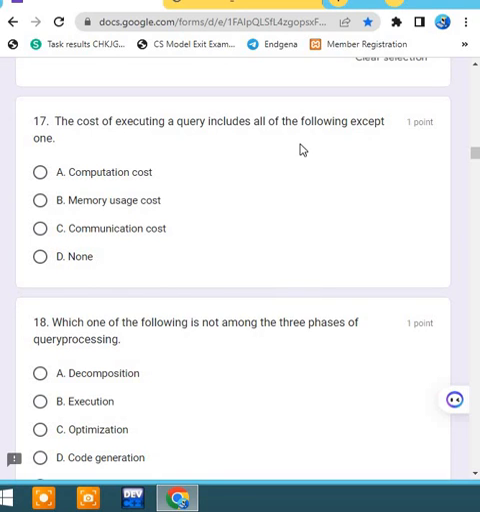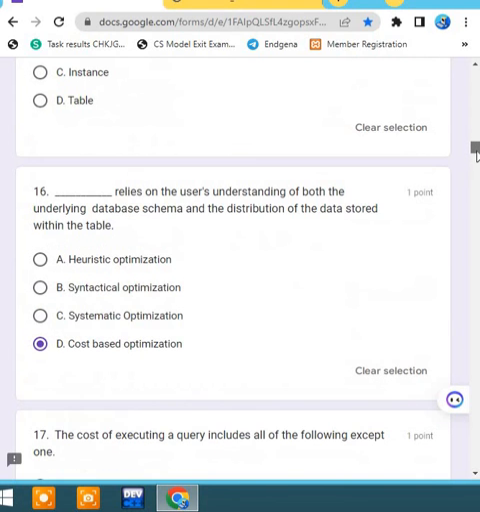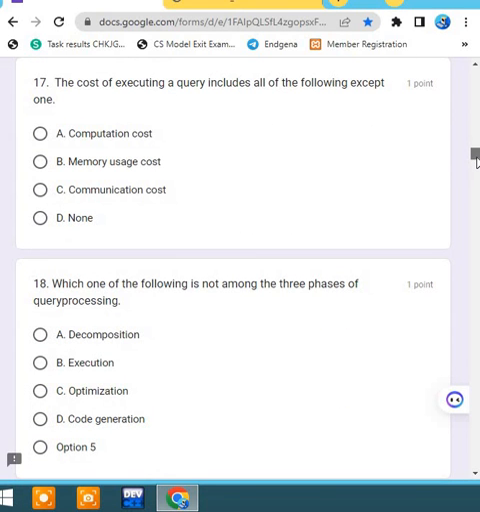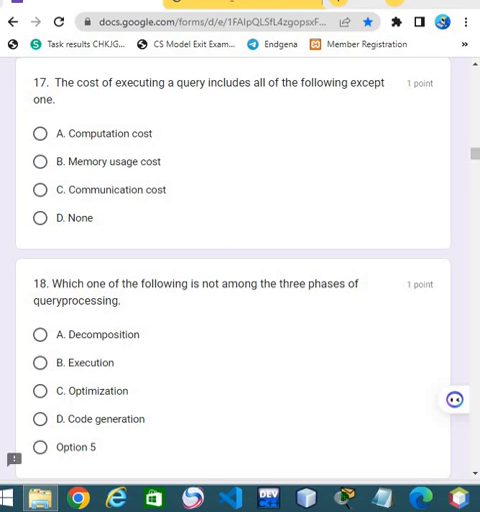Question 18: The cost of executing a query includes all of the following except one.